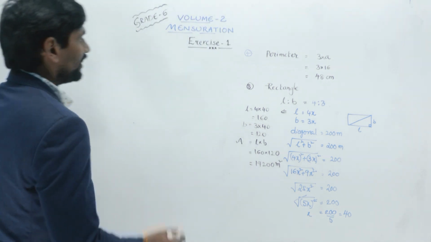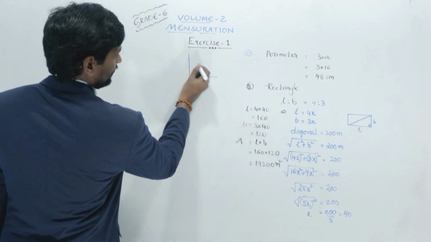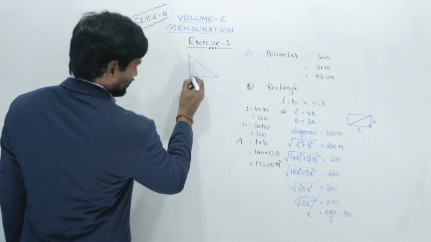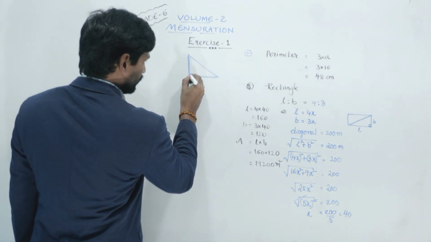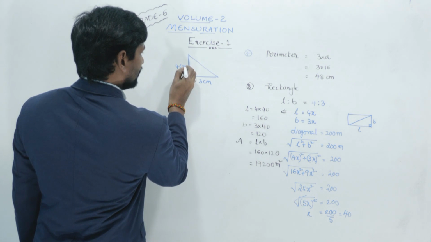So legs of a right angle triangle. If you take the right angle triangle like this, the legs mean these two, and this one will be the hypotenuse.